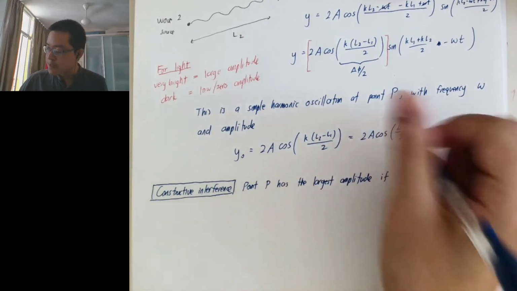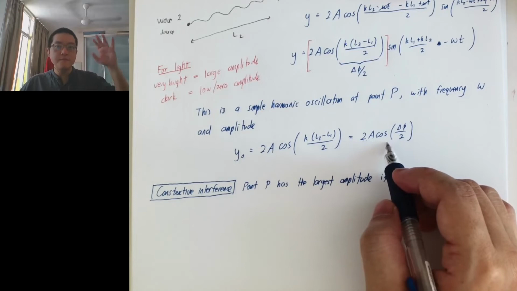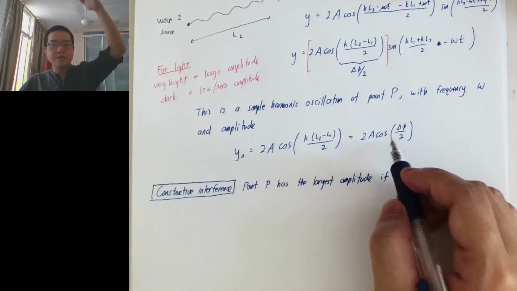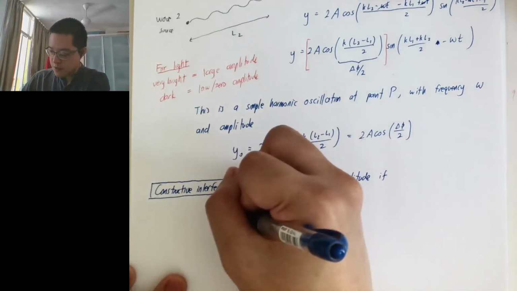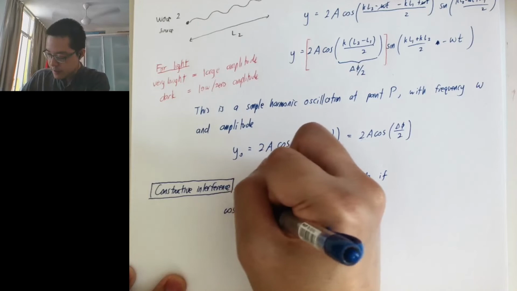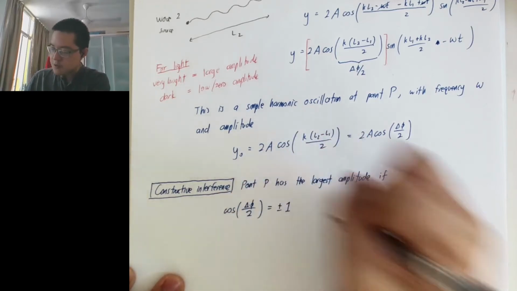If these are fixed numbers, cosine can be from -1 to 0 to +1. But if it's either -1 or +1, that will be the largest amplitude. So cos of delta phi over 2 equals +1 or -1, also fine.